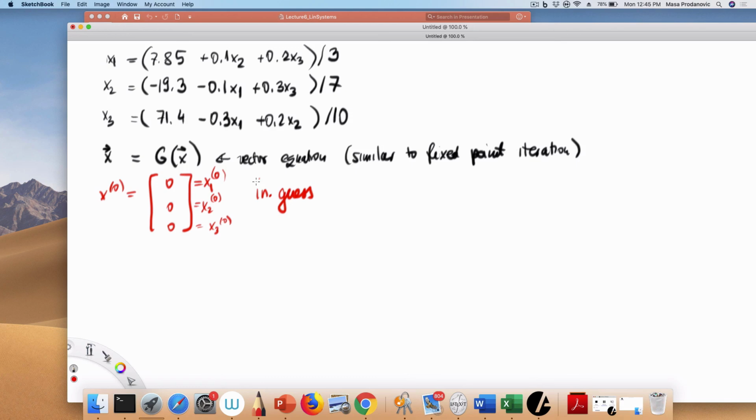Initial guess. Yes? So how do I get my one iteration? x1. So its first element I calculate from the first equation by plugging in a 0 in there. Yes? So that is 7.85 plus 0 plus 0 divided by 3. What is that? Can somebody help me out?